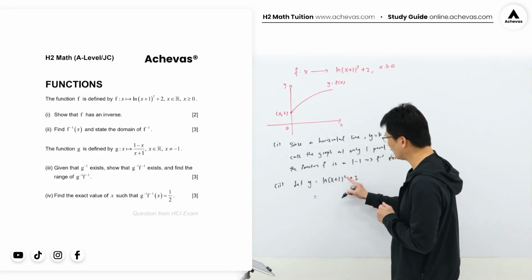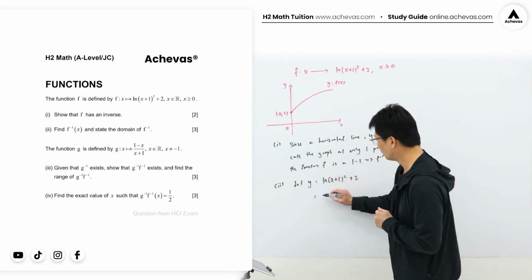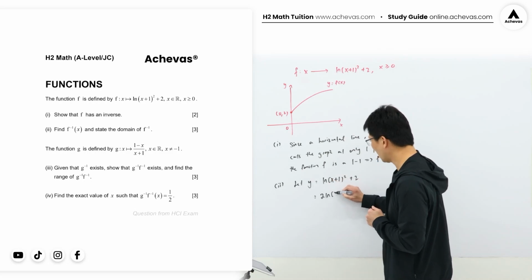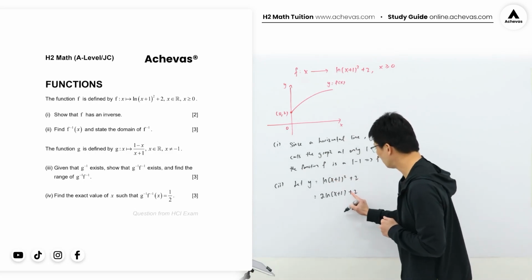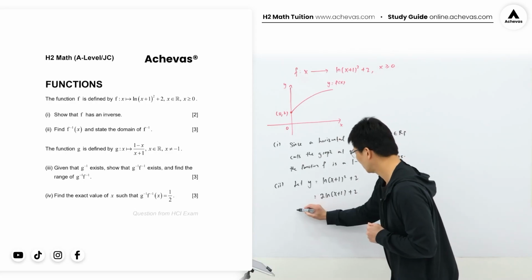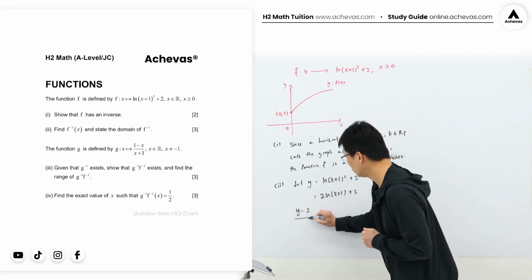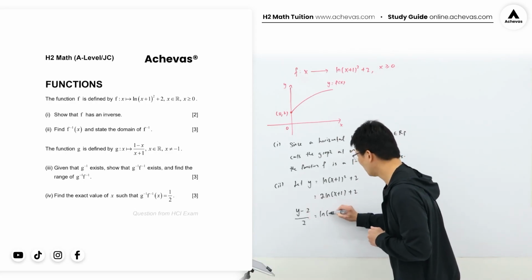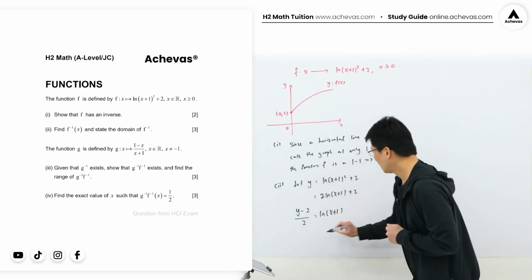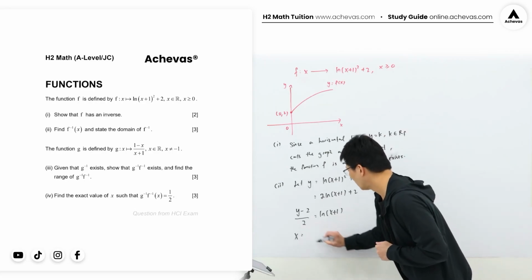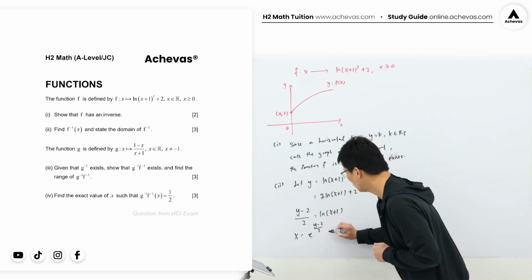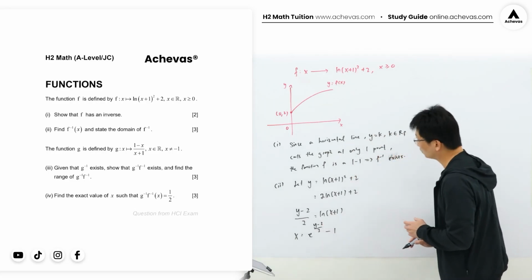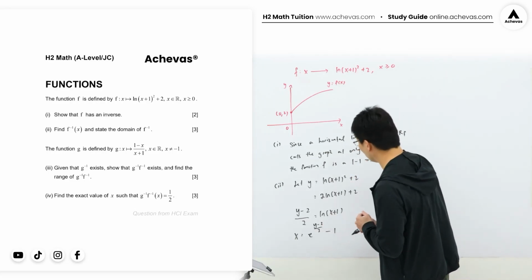Maybe we can do a bit of simplification first by shifting down the 2 using the properties of the logarithm. I'm going to shift this minus 2 and divide by 2 across. So we have (y minus 2) divided by 2 equal to ln(x plus 1). And expressing x in terms of the rest, I will get e to the power of (y minus 2) over 2, minus 1. So this will be the expression for my f inverse.